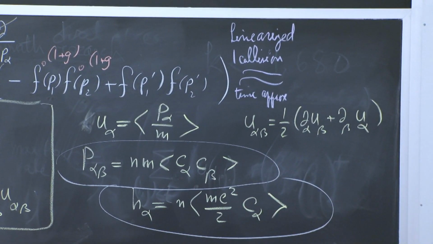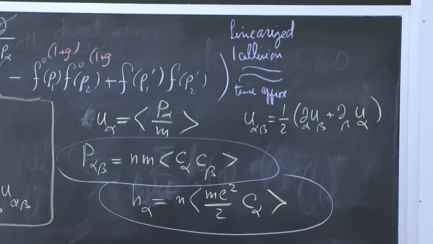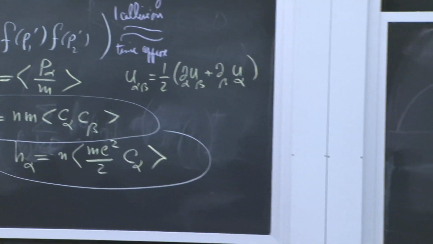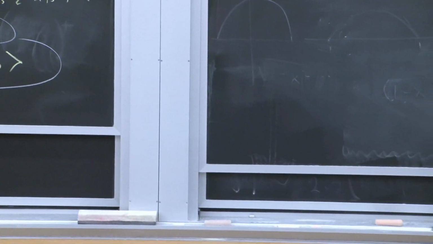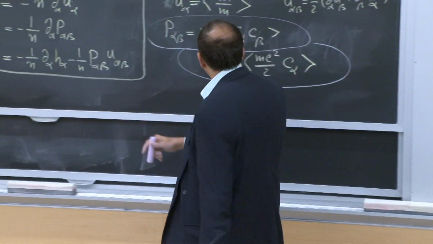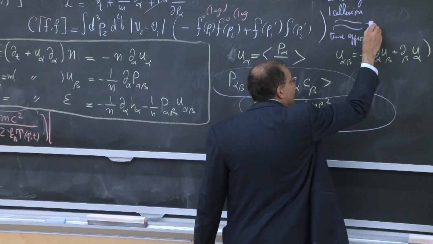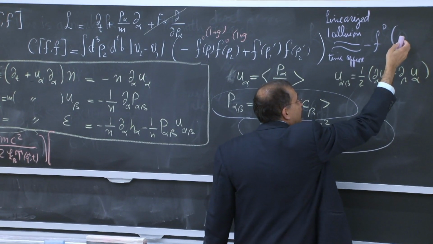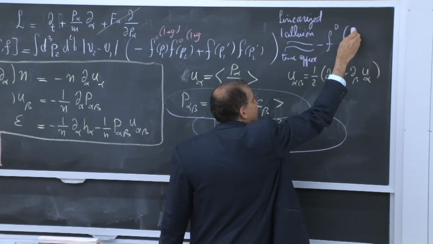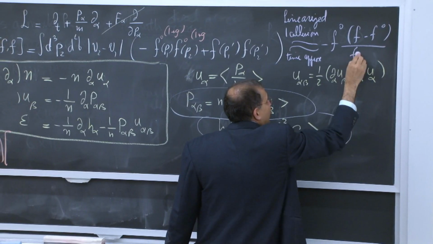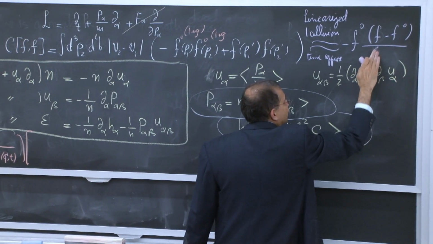What that approximation amounted to was that independent of what this deviation is, it will relax to the zeroth order solution over a time scale that is the same, and that time scale we'll call tau x. So essentially, we wrote this as minus the difference between f and f0 divided by tau x.